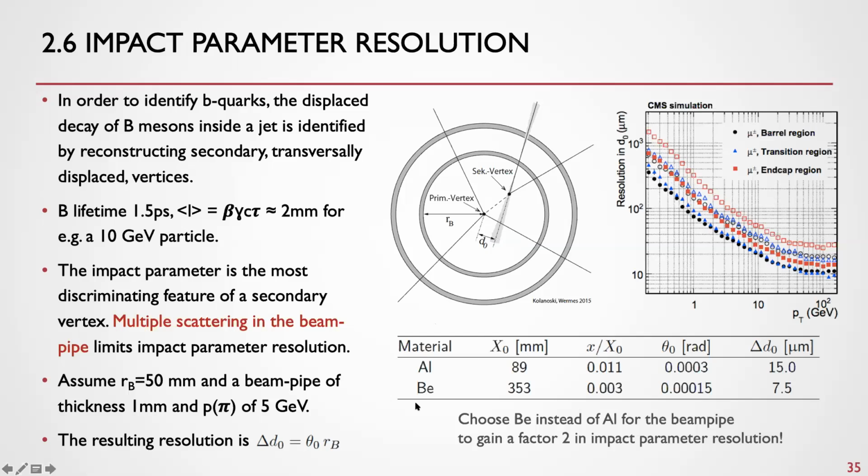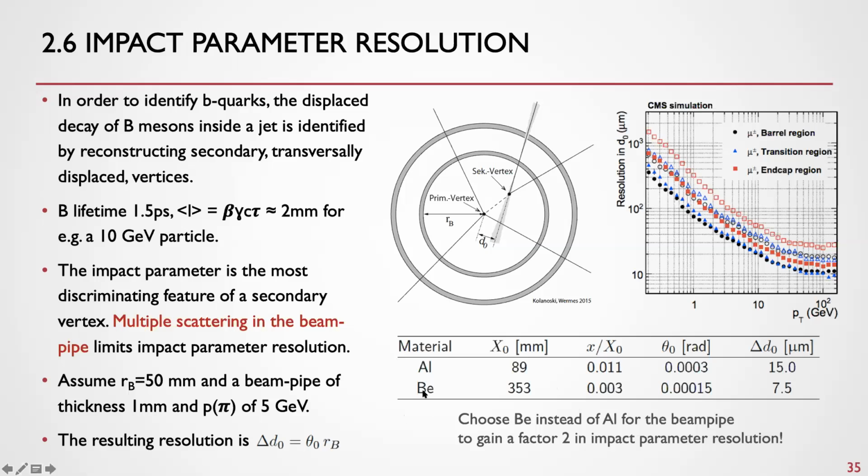I mean, a designer takes a second to change the specification from aluminum to beryllium. However, beryllium is very difficult to handle. Before the LHC, beryllium could not be welded.